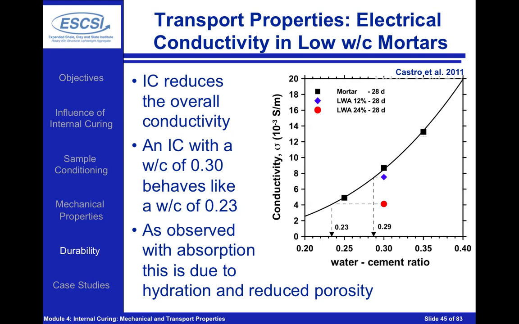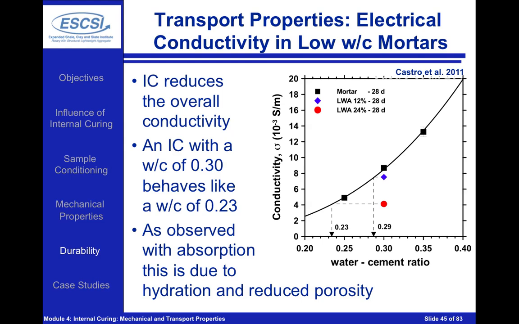When we use the internally cured concrete, either the blue diamond or the red dot representing the amount of internal curing water that replaces an equivalent volume of what's lost due to chemical shrinkage, we can see that while we've cast a 0.3 water to cement ratio, the conductivity is really more like a 0.23 water to cement ratio because of increased hydration and reduced effects of the interfacial transition zone.